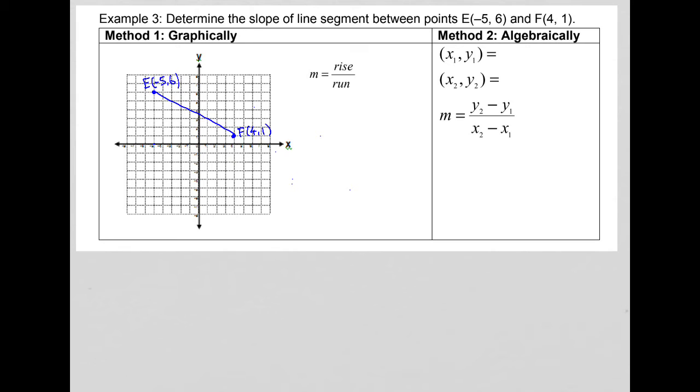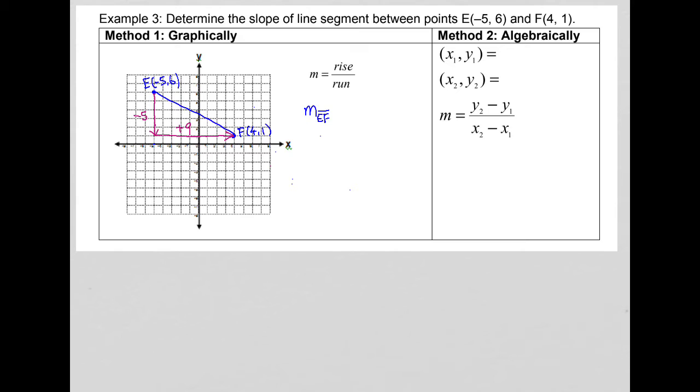If I want to find the slope of line segment EF, that means my first point is E, and I go to point F. Say this blue line is under construction and you cannot go on it, so I have to take a different route. I will go 1, 2, 3, 4, 5: 5 units down. And then 1, 2, 3, 4, 5, 6, 7, 8, 9: 9 units to the right.